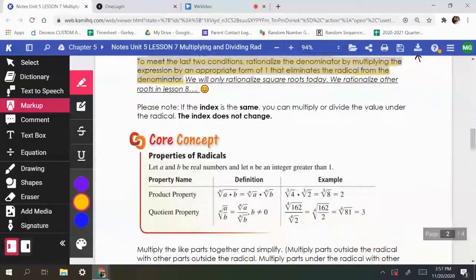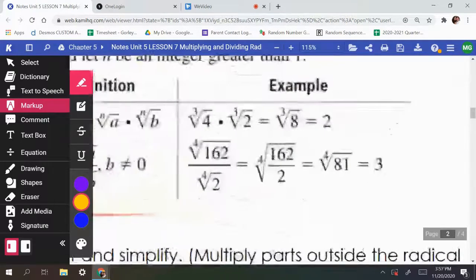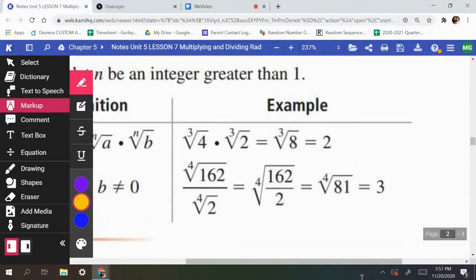Please note, if the index is the same, you can multiply or divide the values under the radical, and the index does not change. In this example, if the index is the same, then you can go ahead and multiply the values that are under the root together. Notice that the index does not change, though.